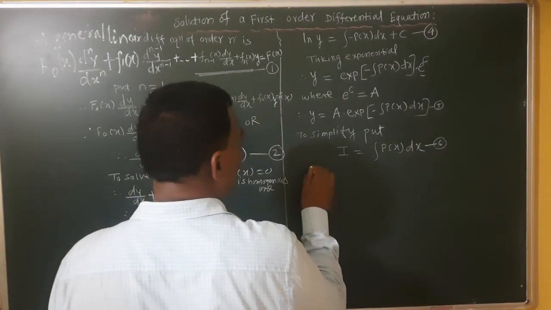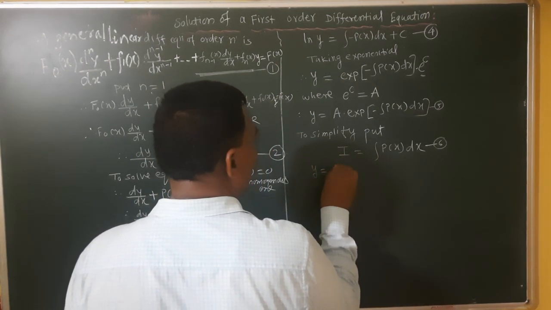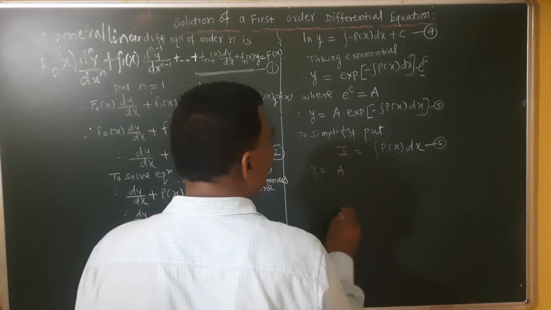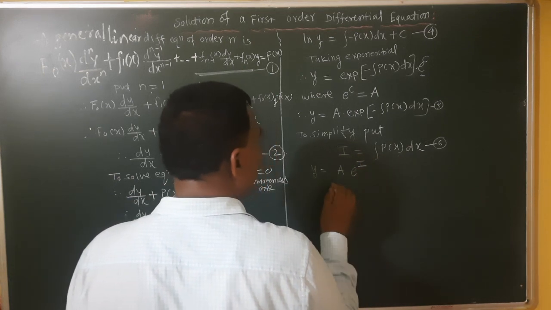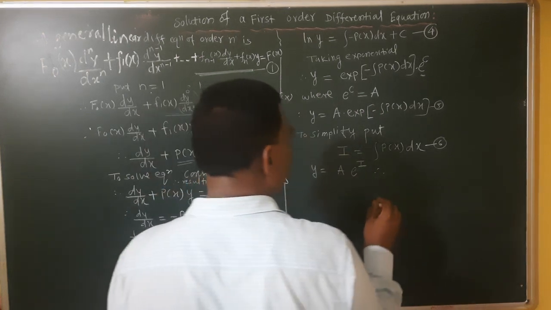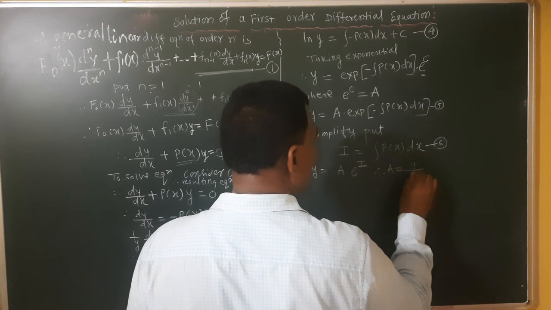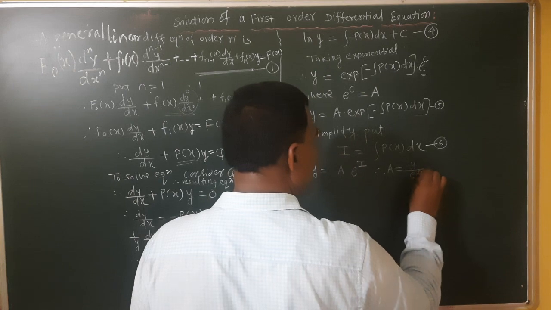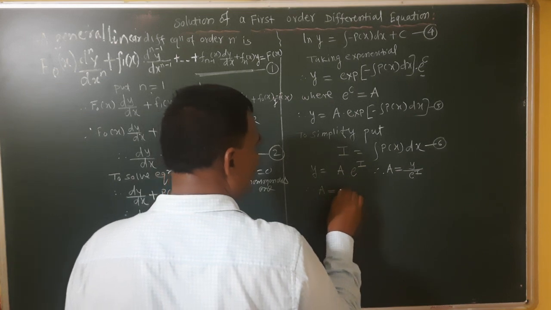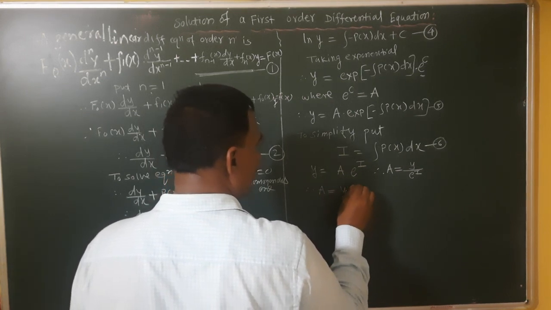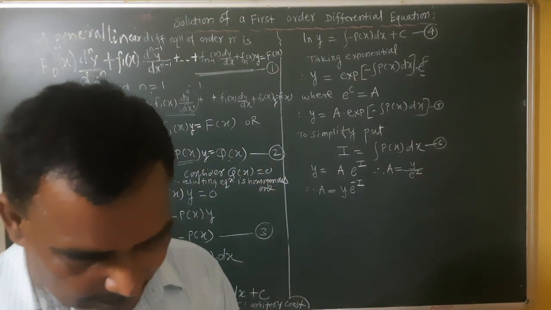Therefore, equation 5 becomes y is equal to A into e raised to minus I, and therefore we can write that A is equal to y upon e raised to minus I, that is A is equal to y into e raised to I.